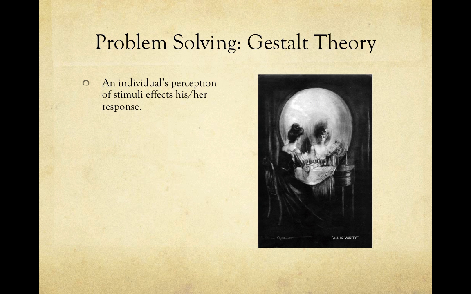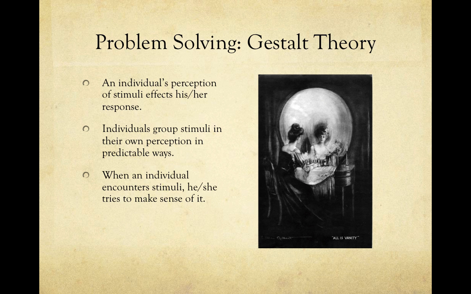Problem solving with the Gestalt theory, an individual's perception of stimuli affects his or her response. Individuals group stimuli in their own perception in predictable ways. When an individual encounters stimuli, he or she tries to make sense of it.